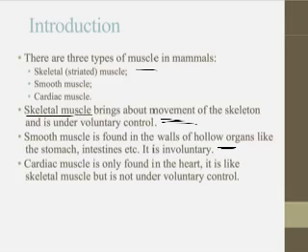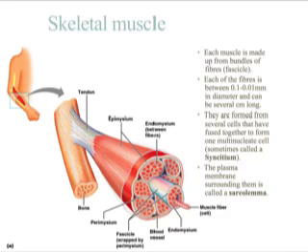Whereas skeletal muscle is under your control, but it does get tired. Smooth muscle is involuntary, not under your control, but it never gets tired. Cardiac muscles are a cross between the two, and so it's not under voluntary control, although some people reckon they can control their heartbeat, but it never gets tired, never tires out. Okay, so your 3 types of muscle.